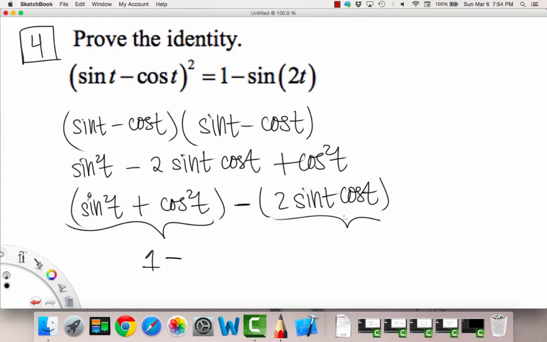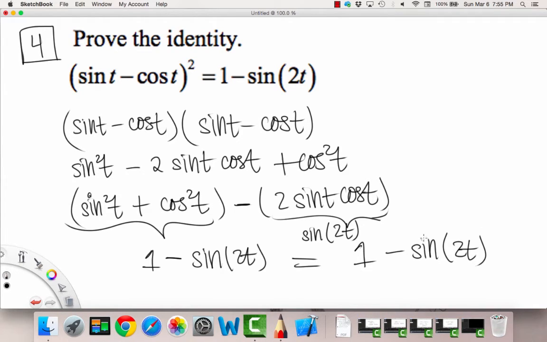And this thing here, we can consolidate it, transform it into a sine of 2t. Okay, because that's a double angle formula there, or double angle identity. So this turns into 1 minus sine of 2t, and that was working from the left side, right? And this actually equals exactly what we see on the right-hand side. So we have just proved that identity.